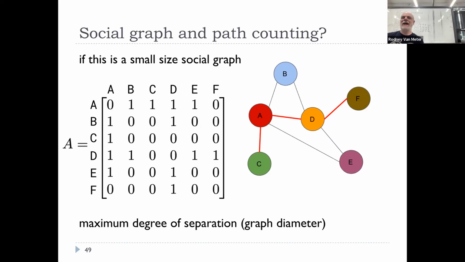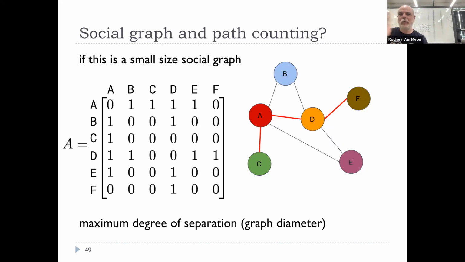So that concept is what we would call the maximum degree of separation, or in graph theory terms, it's what we call the diameter of the graph. And in this particular graph that's here, the longest shortest connection between two nodes is from C to F, and that's 3 hops in this case. So the diameter of this graph is 3.